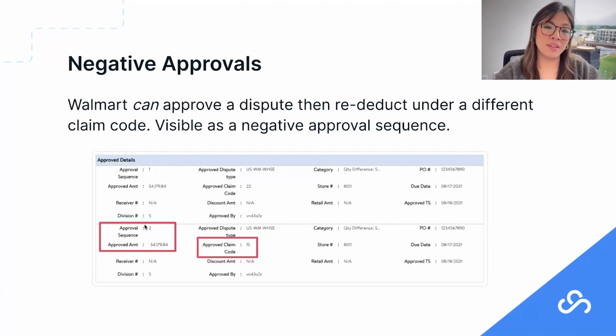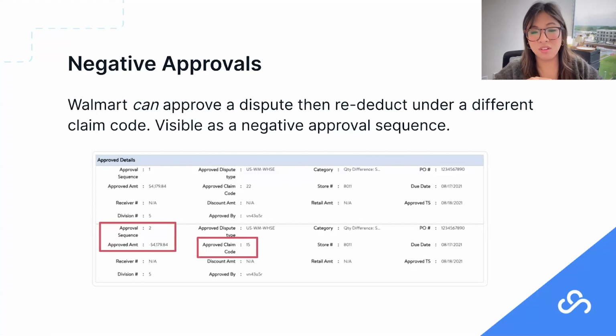Essentially what that means is Walmart can approve a specific deduction and then rededuct it under a different claim code. You can see here they approved in approval sequence 1 this $4,000 for a code 22, which is a shortage code. And then after they have chosen to re-review, they can say, actually, we feel like this is a concealed shortage, so we are going to rededuct, and you will need to start a brand new claim for this code 15.